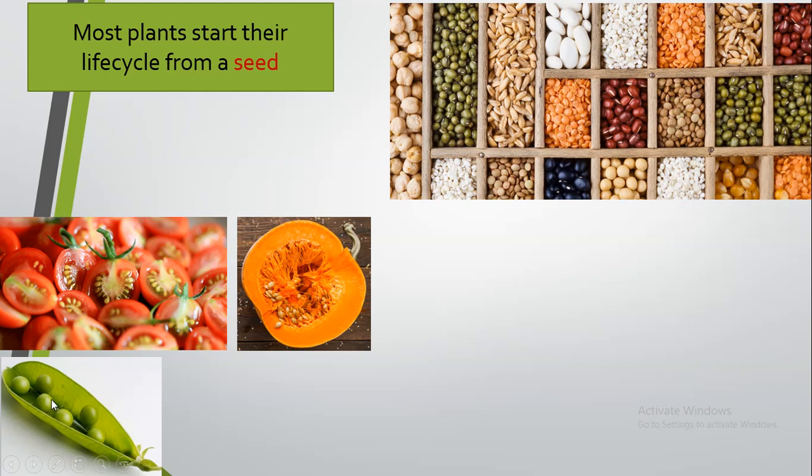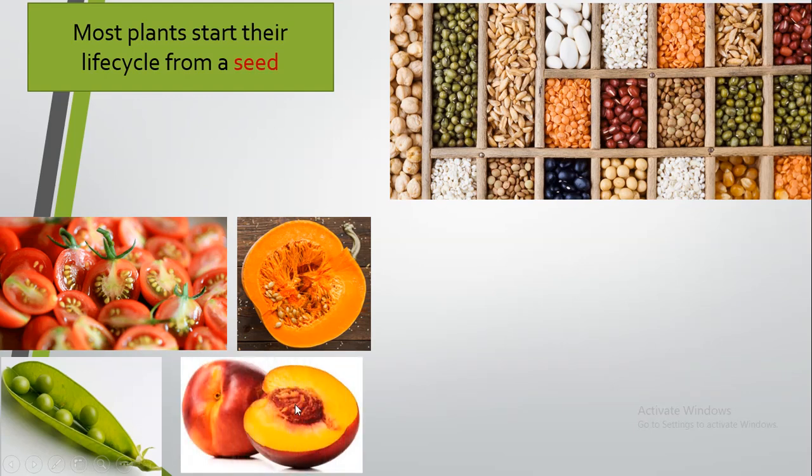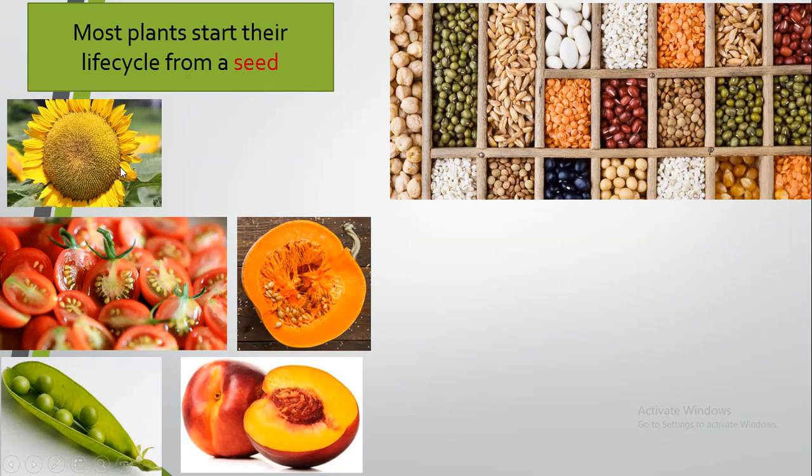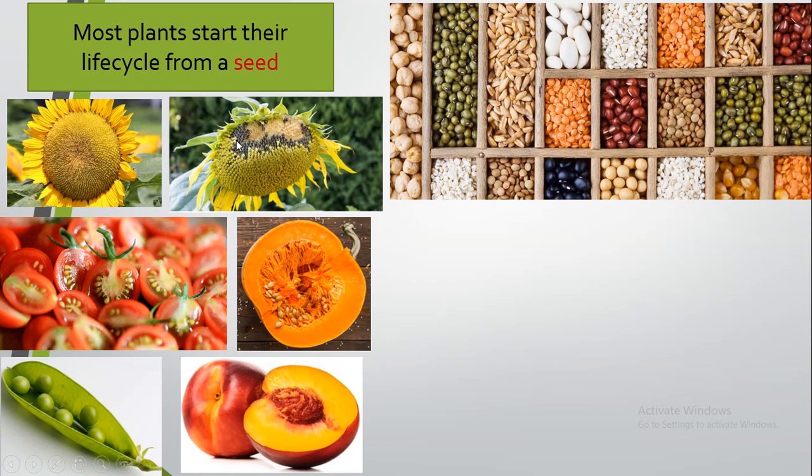Pea seeds. These are peas. In peach fruit, you can find the seed inside the fruit. And sunflowers, you can find the seeds in the middle of the flower.